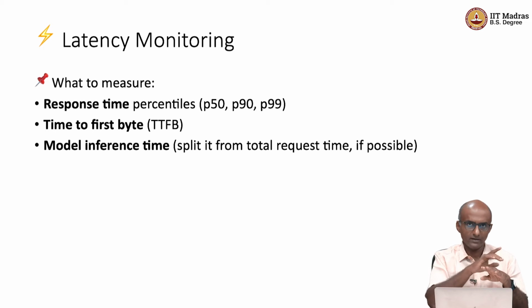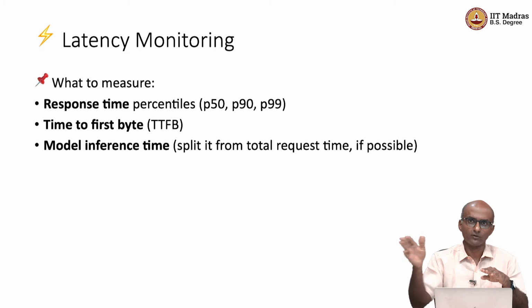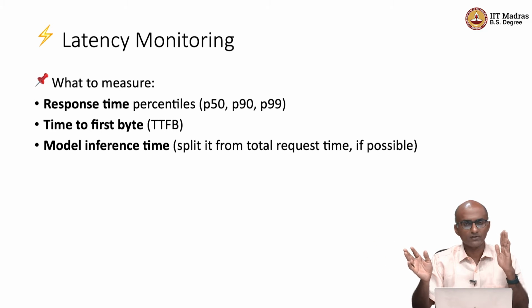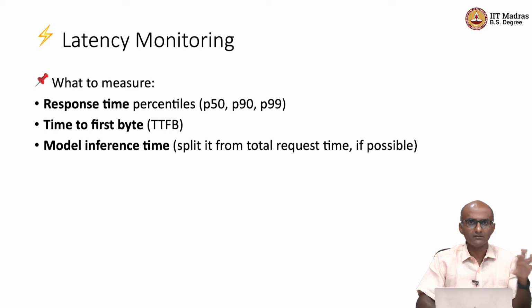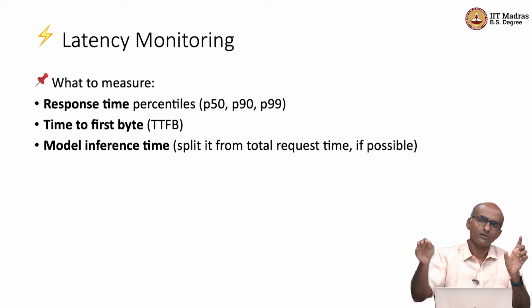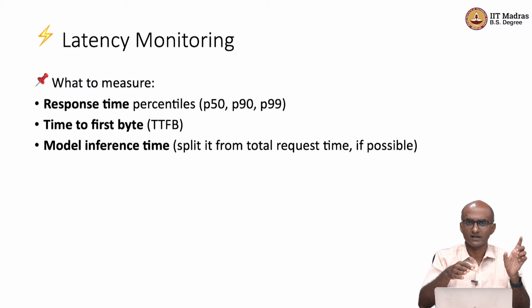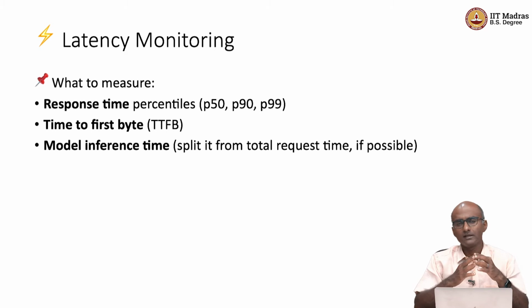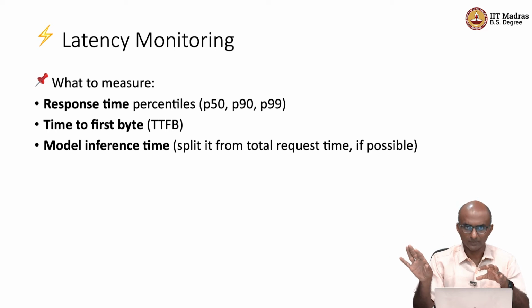And if you look at then the spectrum of response time for all the executions of the model, it could range from 1 second to 5 seconds to 10 seconds, but the typical range being within 1 second, which means the 5 seconds and the 10 seconds will show up as the value if you sort the entire response times on a scale and then pick the max value or closer to the max value. That's why the percentiles that are of interest to us are on the higher end of the spectrum.